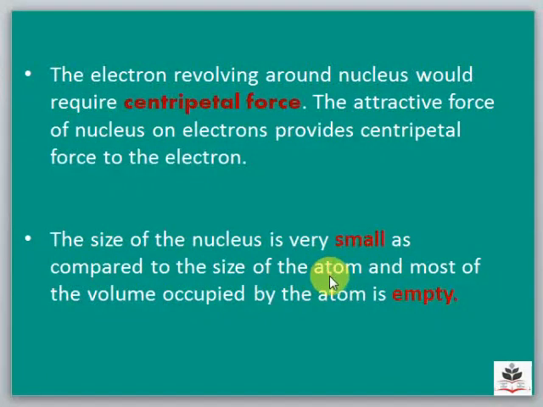So if we compare the size of Earth and a football stadium, you can see a football stadium is so small as compared to the size of Earth. So same is the case here. The size of nucleus is very small as compared to the size of atom, and most of the space inside an atom is empty.